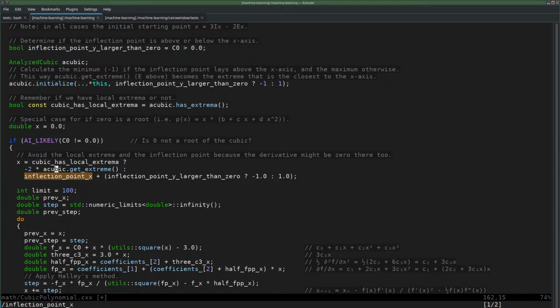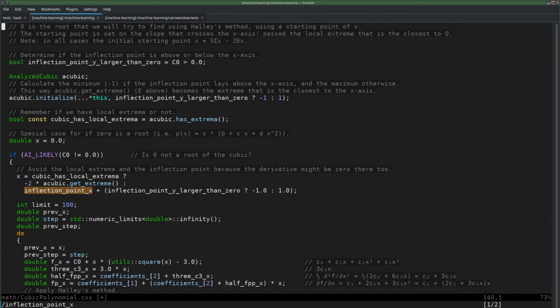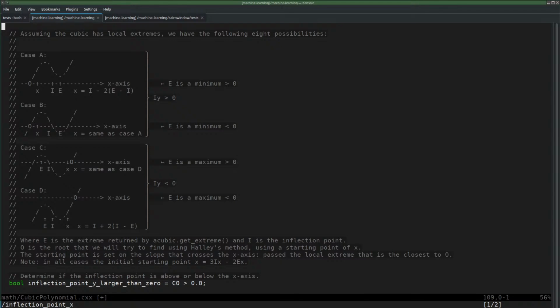And the extreme here is plus or minus 1 in our case now, but I guess it depends also on that. So I already fixed this. Gee, yeah, of course it does.